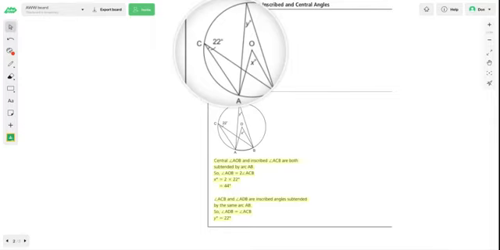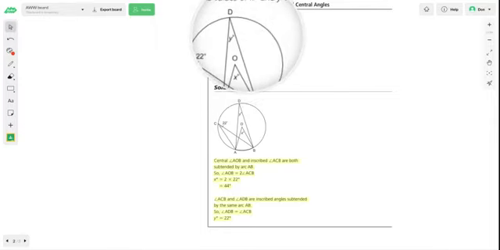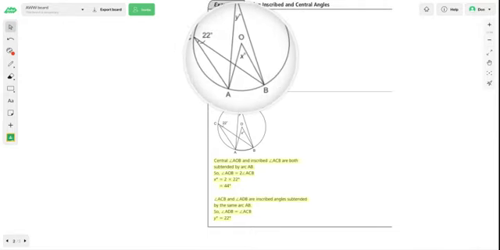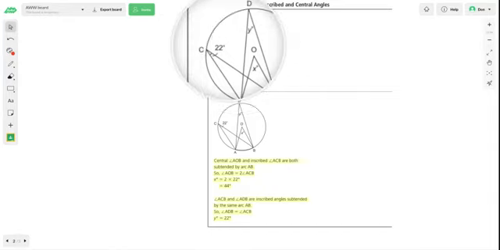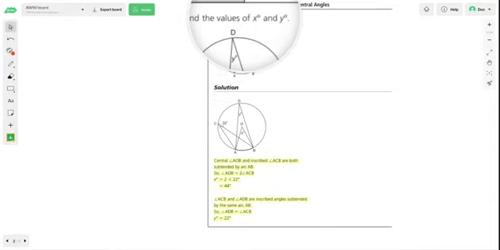From that one measurement, we'll be able to figure out what the degrees is for Y and what the degrees is for X. So basically, in between arc AB, this inscribed angle is 22 degrees, therefore Y is going to be 22 degrees.